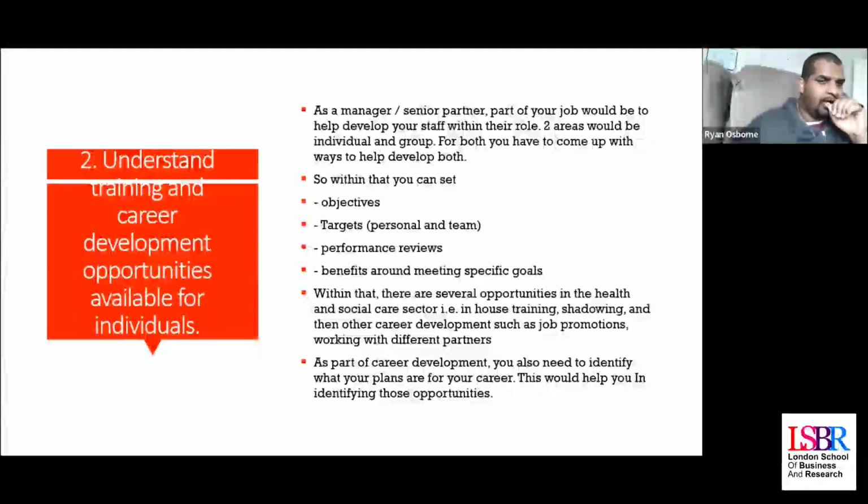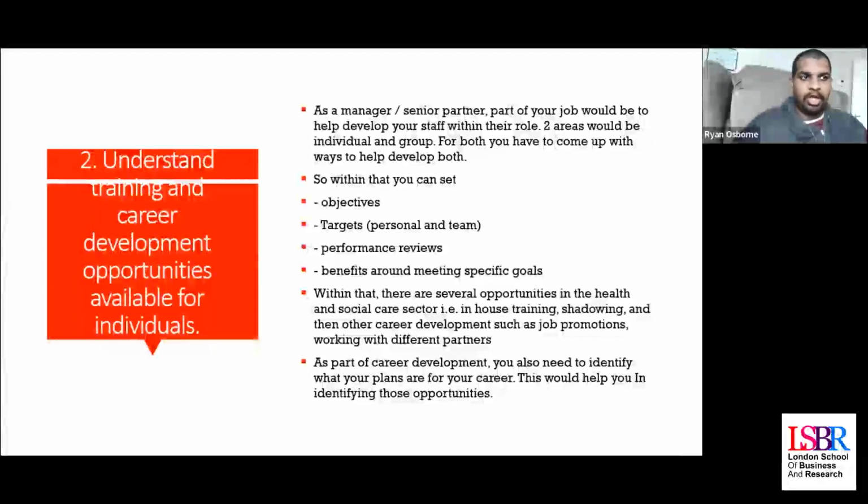So you want to become a social worker. Okay, that's cool. But what does your career in social work look like? How does it look to you? In 5 years' time, where would you like to see yourself be? In the social work field, but what role would you want to be working in?